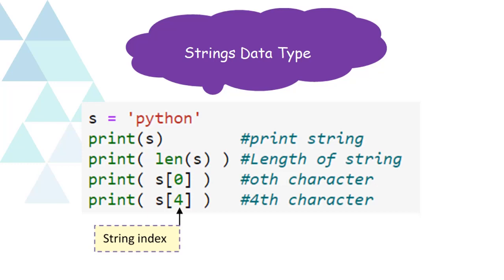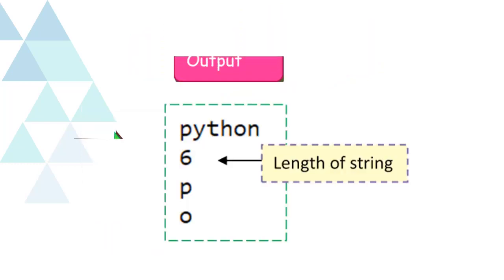Then we will extract the length of that string, so we will use the len function to provide the length of the string, and we will print the index 0th character and the index 4th character, which are p and o. So the output of the program will be the string Python, then the number 6, which is the length of the string, p which is index 0, and o which is index 4.